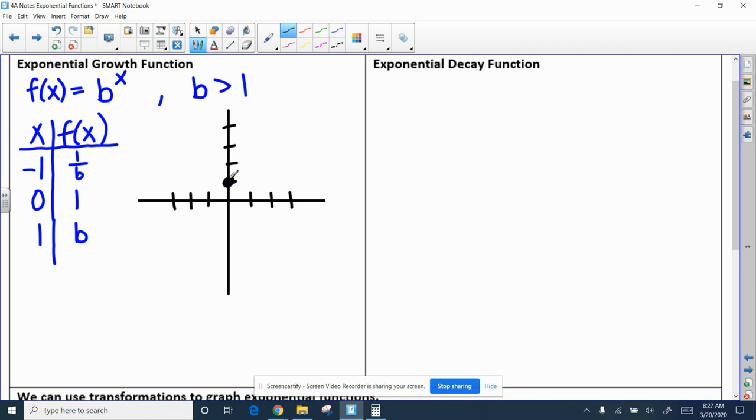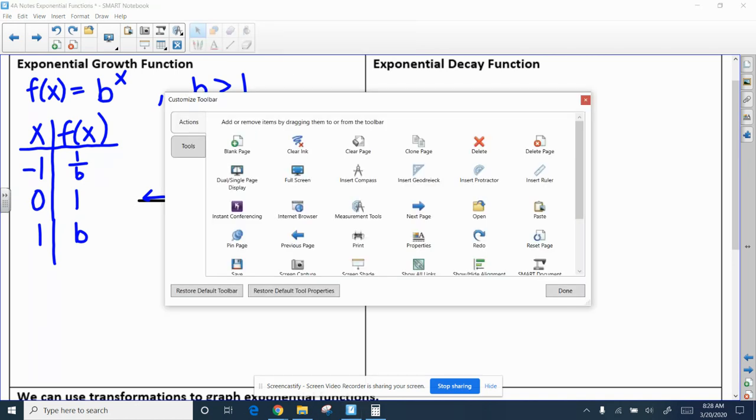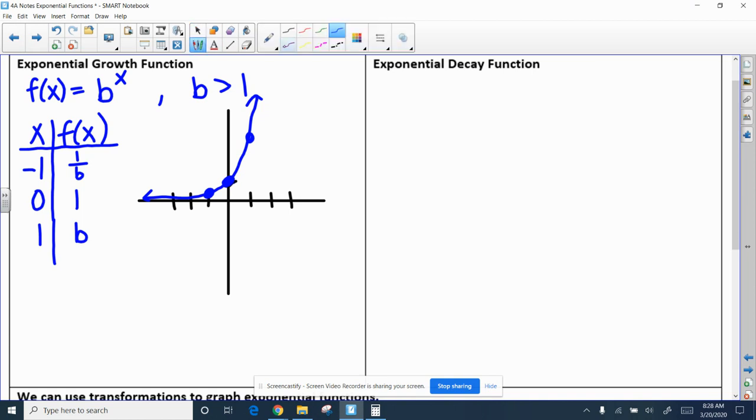They're going to have a point at (-1, 1/b), so that's going to be a fraction number, and a point at (1, b). So, like I said, the actual coordinate point will depend on what the base of b is, but we're always going to have a function that looks like this, an exponential growth function, and it's always going to have a horizontal asymptote.